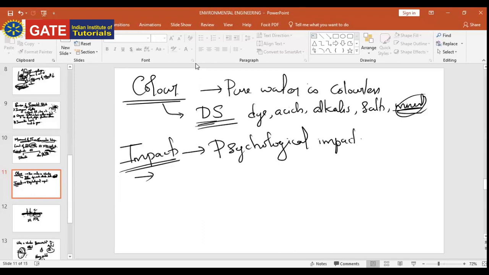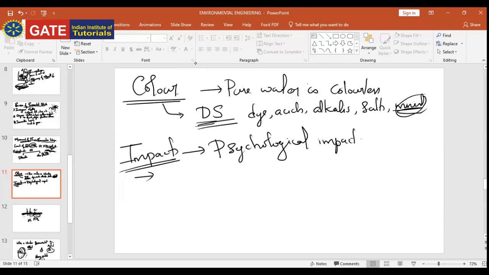Now the next important thing, can I use a colored water for washing your clothes? No. Can I use colored water for a dyeing industry? Colored water coming out, like a red colored water is coming. Can you use it in the dyeing industry? No. Why? Because in the dyeing industry, you may be using blue color or green color or even red color itself. But if you use this colored water, that colored water may have some other dissolved colors in it. So that may cause problem, right?